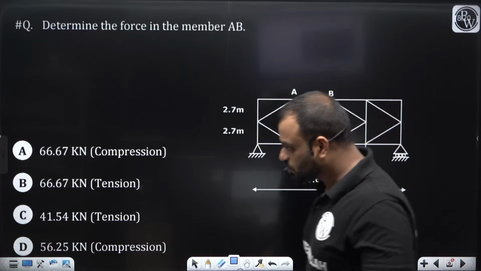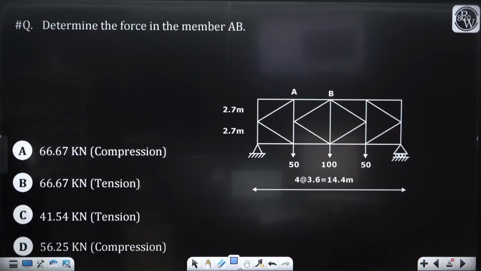So guys, just do it and please let me know the answer quickly. What will be the answer for this particular problem? Do it quickly.